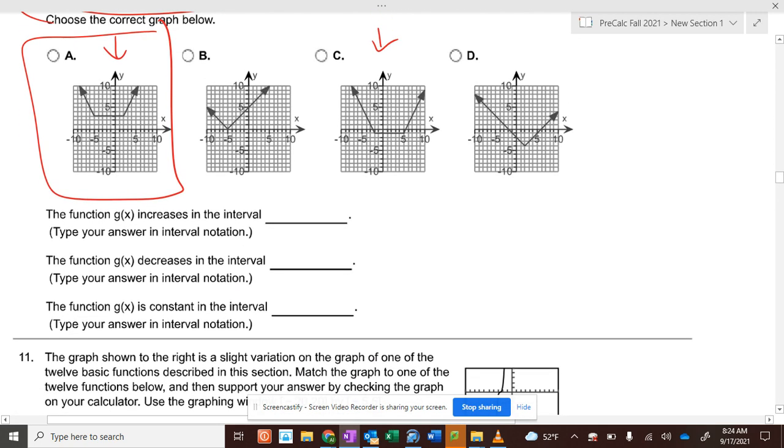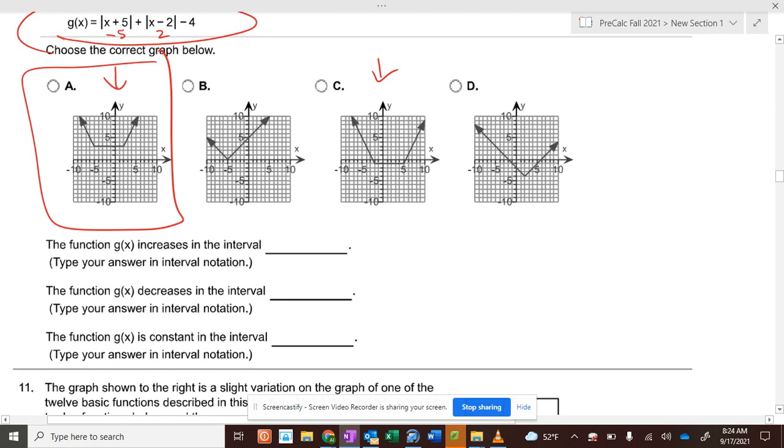All right. So it increases on this part from 2 to infinity. It decreases on this part from -infinity to -5, and it's constant from -5 to 2.